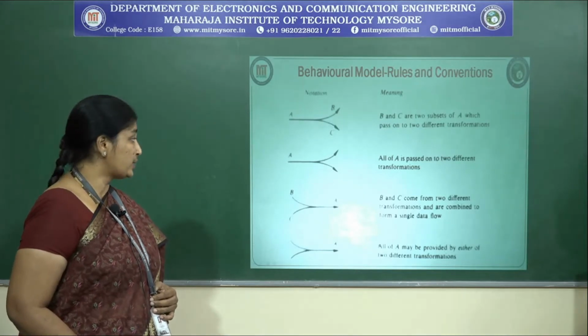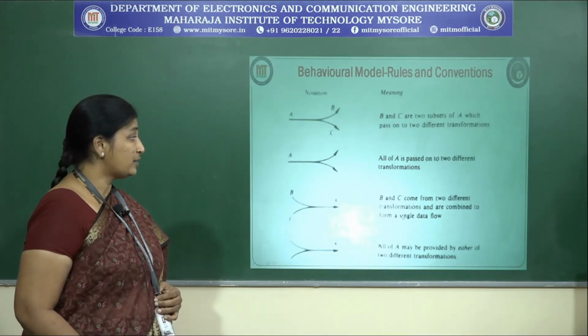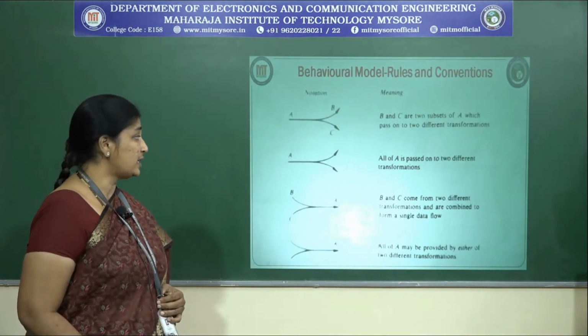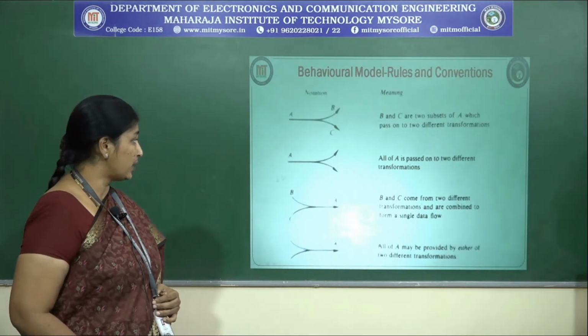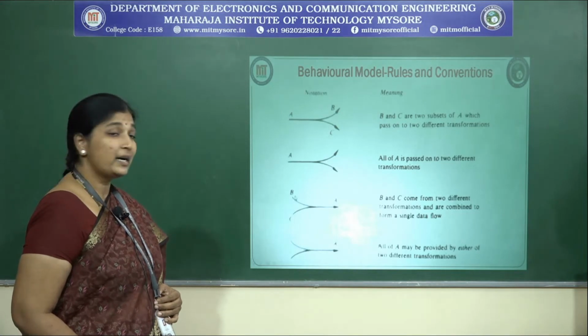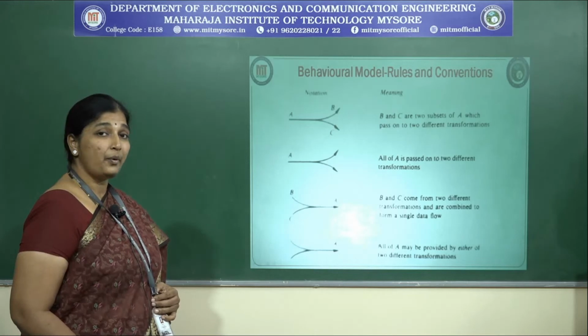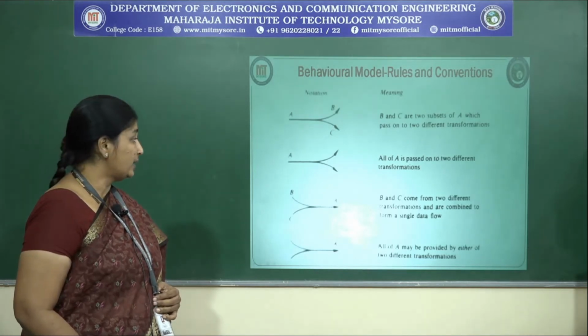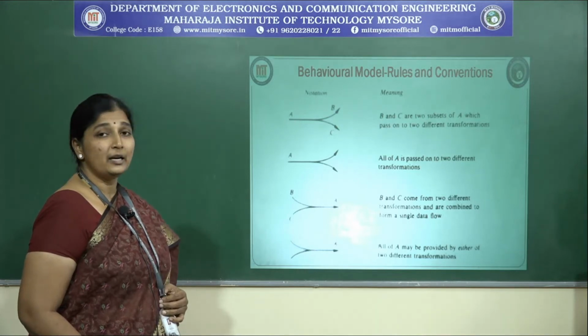You have two inputs B and C, and they converge and you get one single input. That becomes your data flow. B and C come from two different transformations, and those two converge at a point A, and the combination at A is nothing but a single data flow.